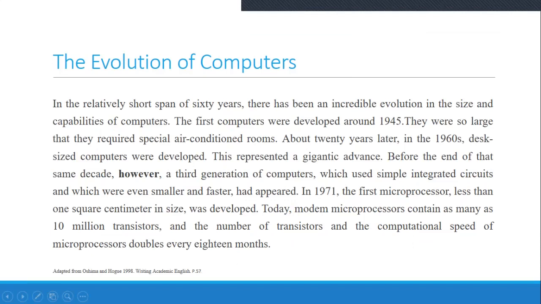And when we look at this topic sentence of this paragraph, in the relatively short span of 60 years, there has been an incredible evolution in the size and capabilities of computers. When we look at this sentence, we get the idea that the writer is going to write a paragraph in the chronological order.